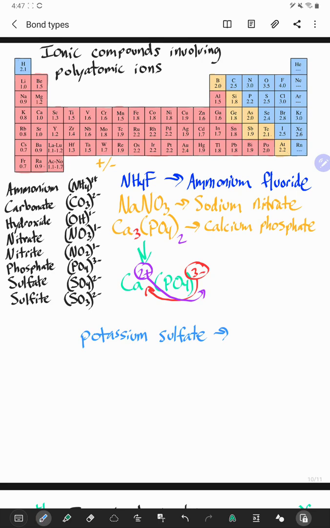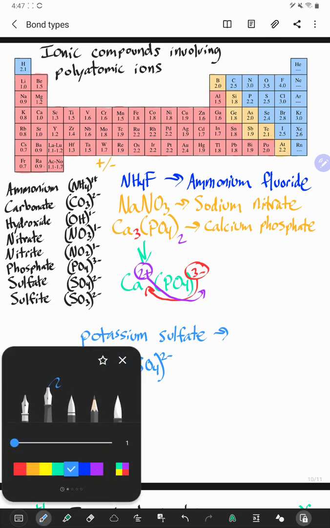All right, hopefully we paused the video and we determined that potassium has a +1 charge, and sulfate, SO4 2 minus, has a -2 charge.